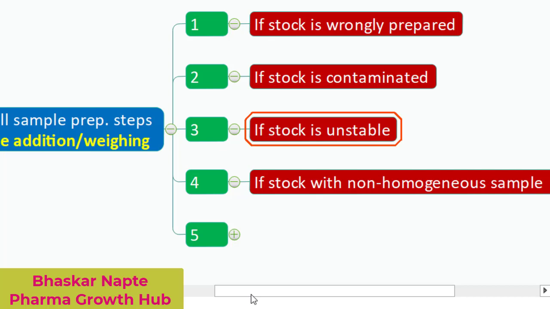But in case that condition is not met, in case your sample itself is non-homogeneous, then what is the action? You can sample the lot one more time, and identify whether the sampling tool is appropriate or not. In case the tool is at fault, you can replace the tool, make the necessary correction, and then sample the lot one more time.